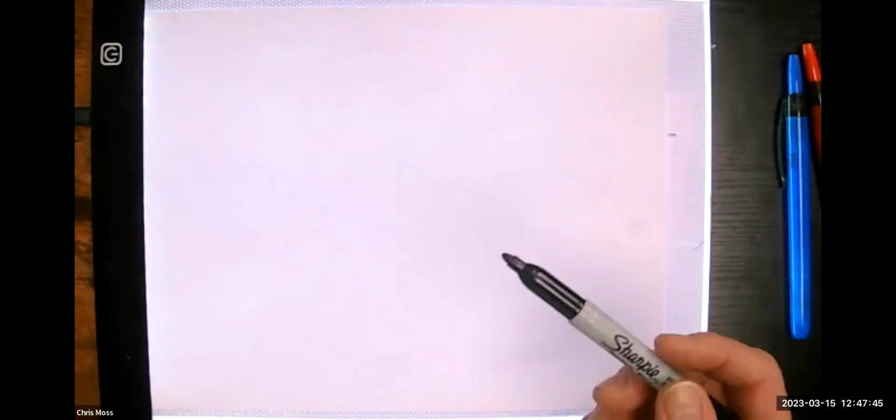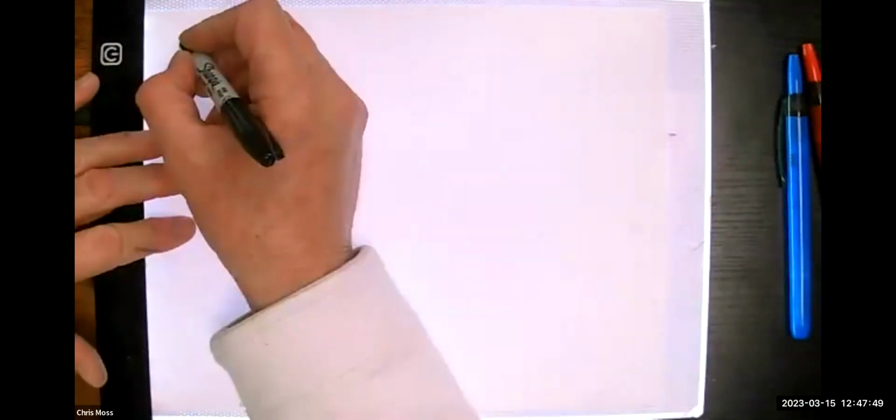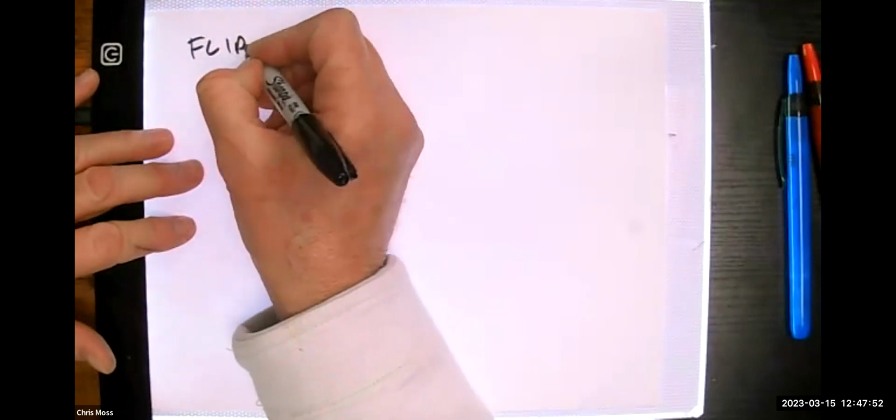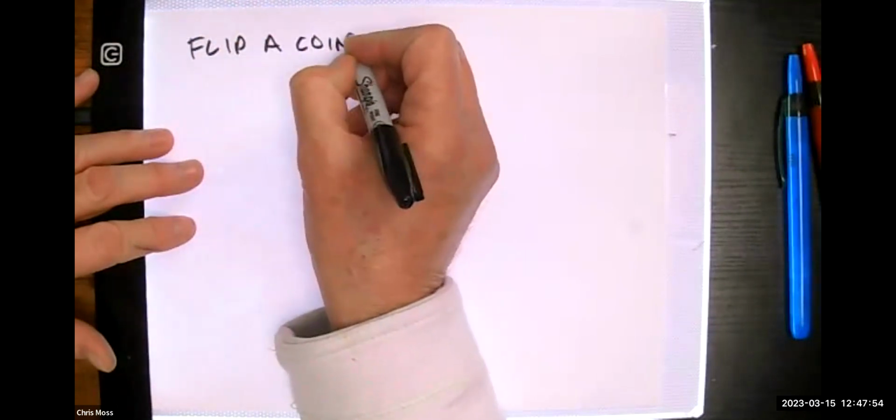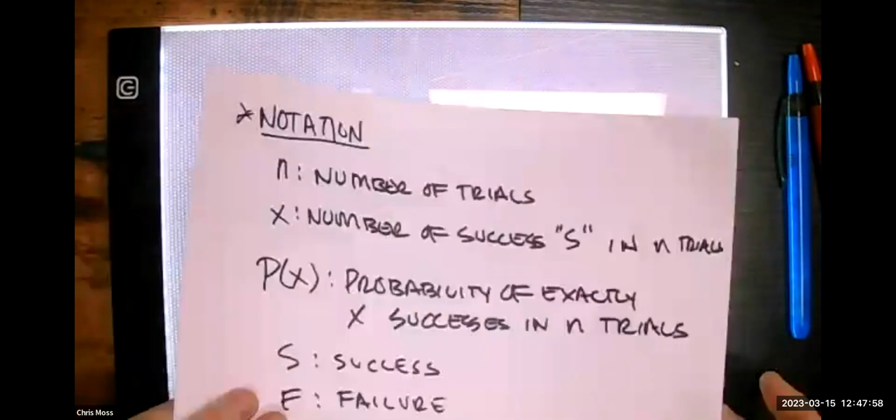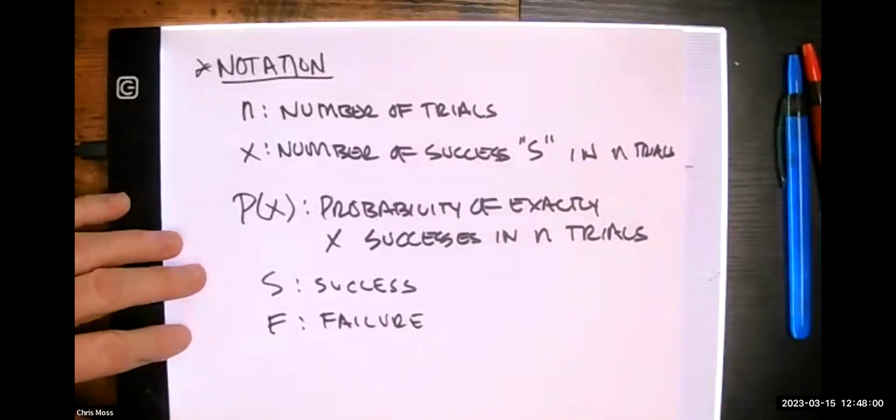Now, we work two kinds of problems with this. Let me give you an example. We are going to flip a coin. Well, actually, no, hold on. Let me come back here and put a couple of other things into the notation I'm going to need.